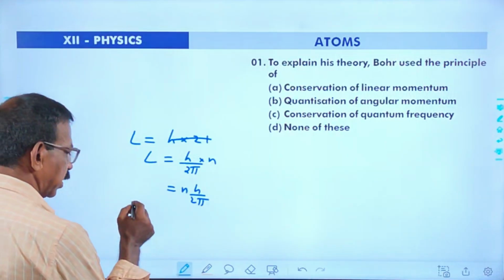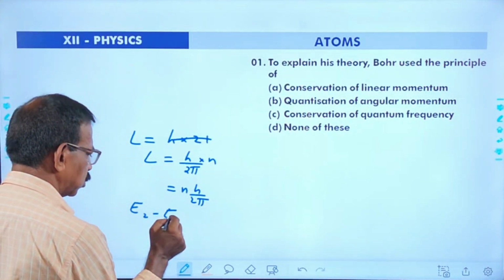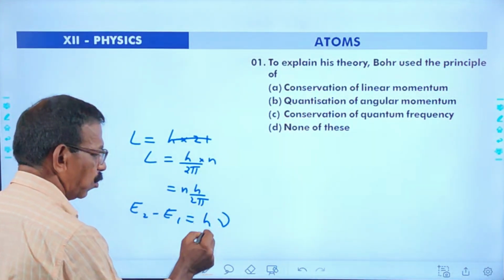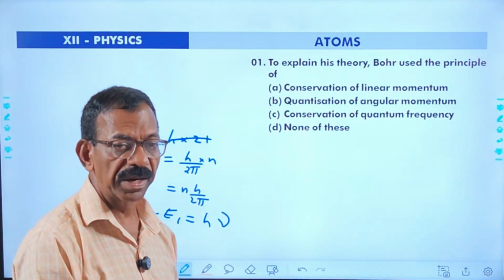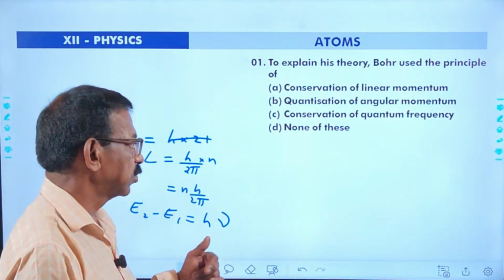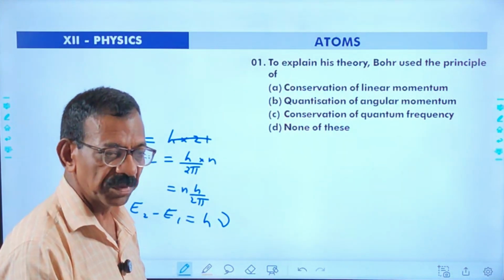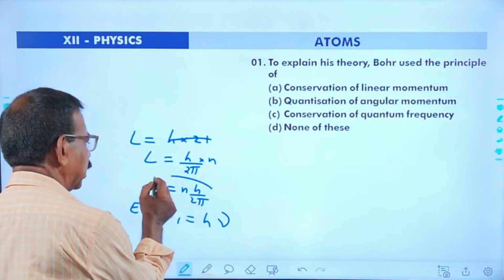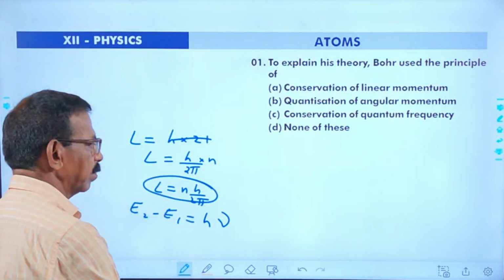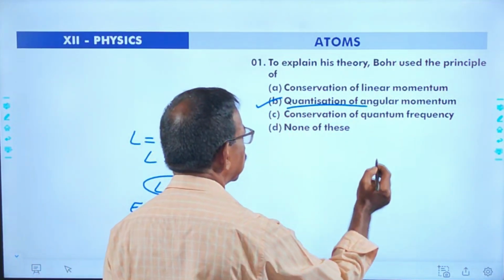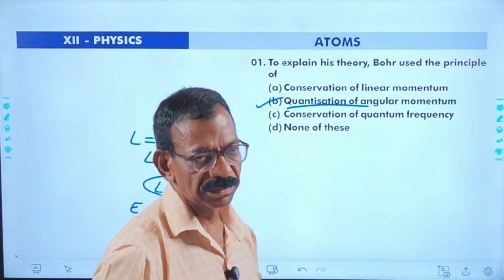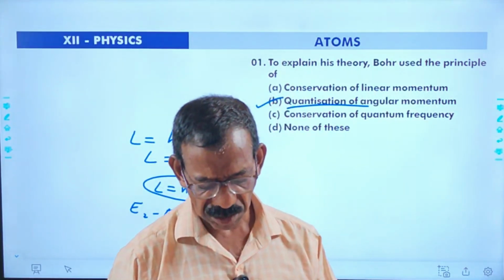And by the third postulate, emission or absorption of energy takes place only if an electron jumps from one permitted orbit to another, obeying quantum conditions: E2 minus E1 equal to h nu. Here, by the second postulate, angular momentum is an integer multiple of h by 2 pi. That is, there is quantization of angular momentum in the Bohr model. The answer is option B.